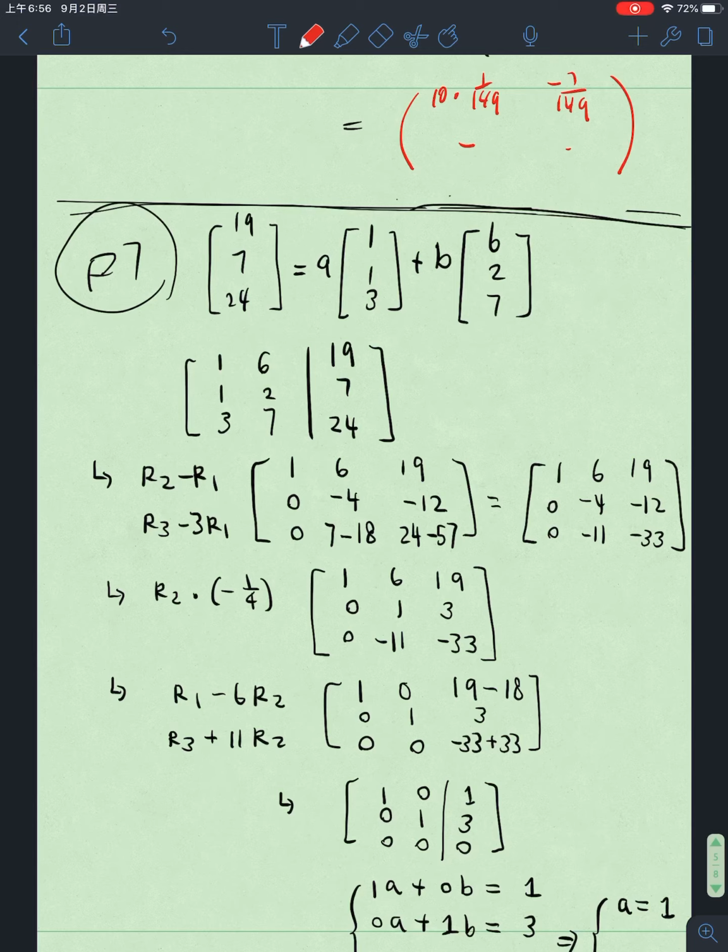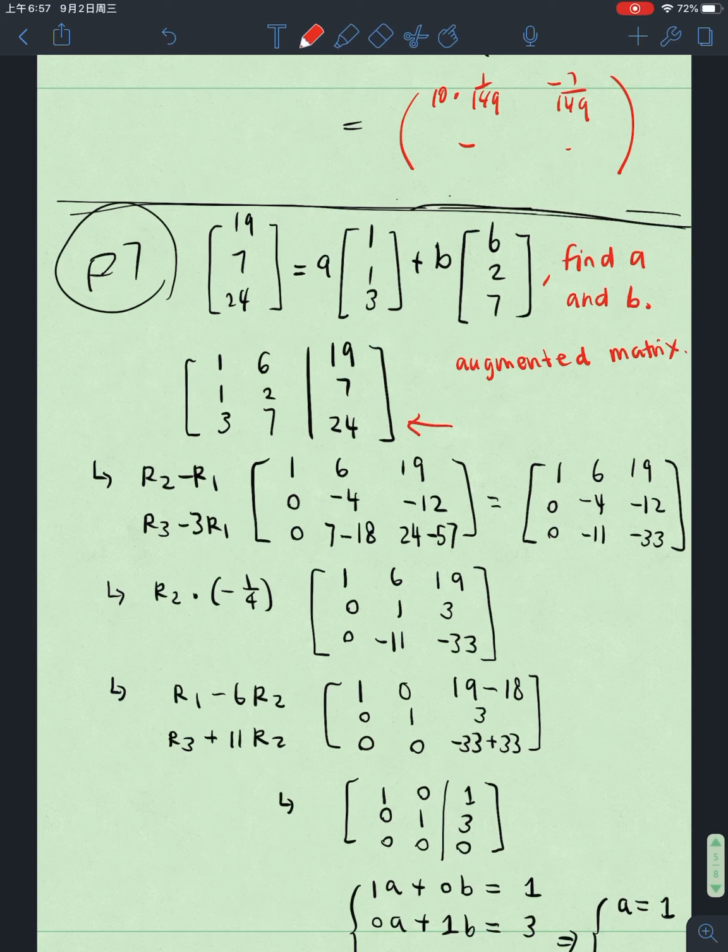Okay, find A and B such that... I guess in this course they ask you a question. The first thing you do is to rewrite it in an augmented form, an augmented matrix, which is like this.